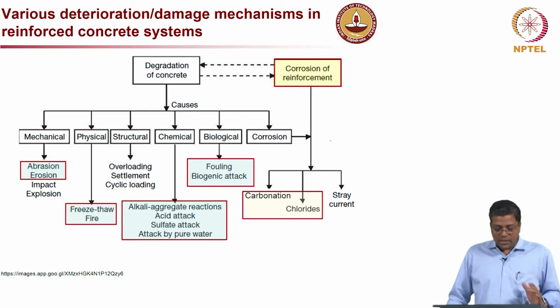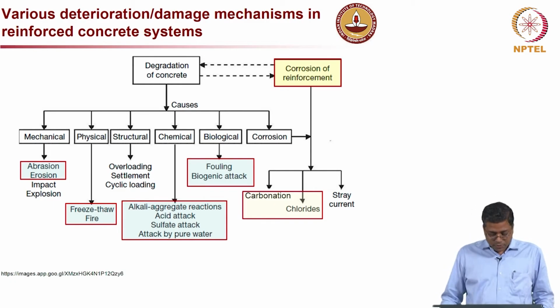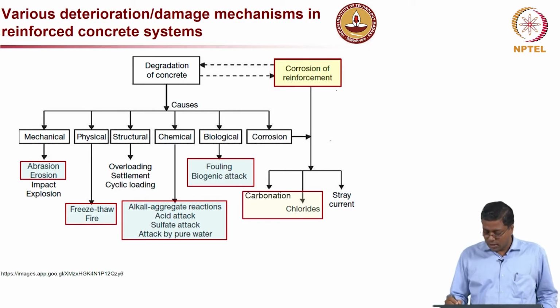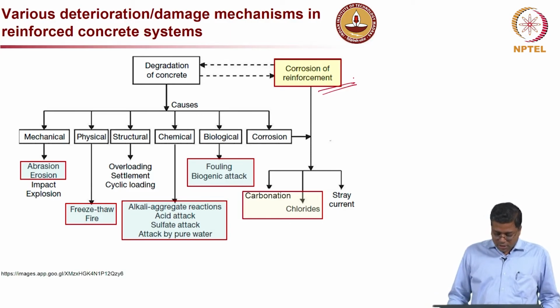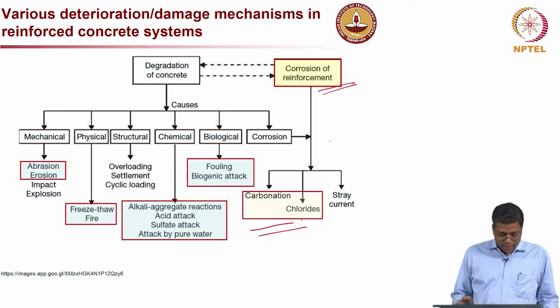Now, looking at various deterioration or damage mechanisms in concrete systems, the main thing we are worried about is that if the concrete gets damaged, eventually it affects the steel inside the concrete, and then it influences the structural capacity of the system. We already talked about how corrosion happens, mainly due to carbonation and chloride attack.